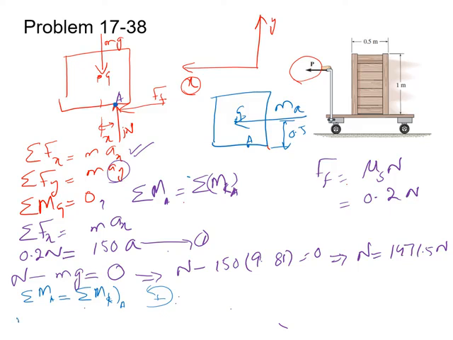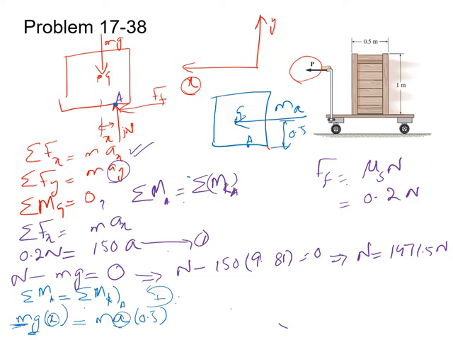So this will be equal to mg times x. And from the kinetic diagram, the moment about point A is ma times 0.5. So this will be equal to ma times 0.5.